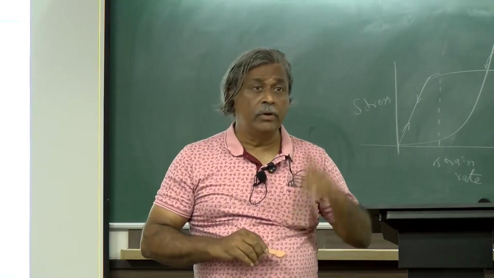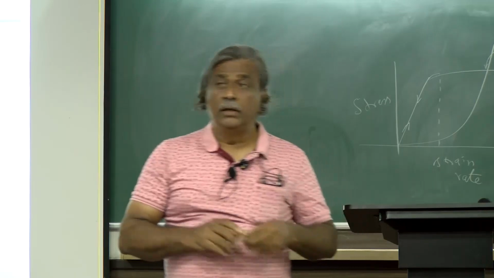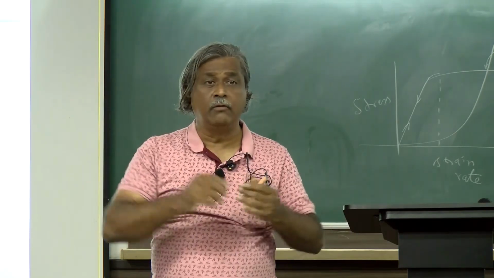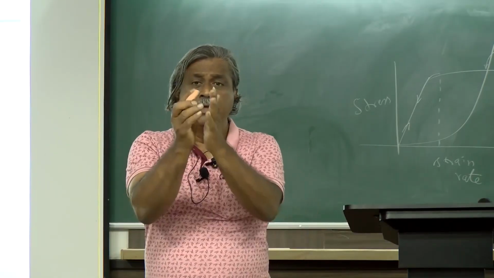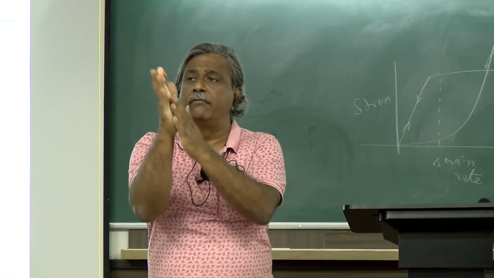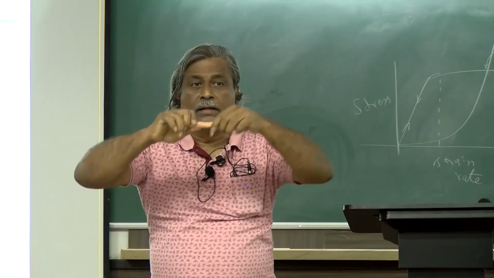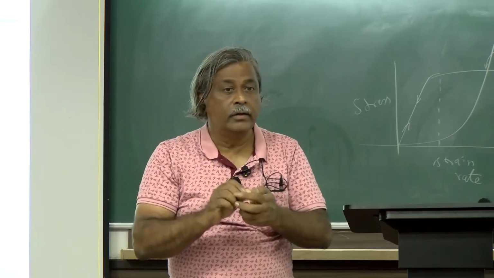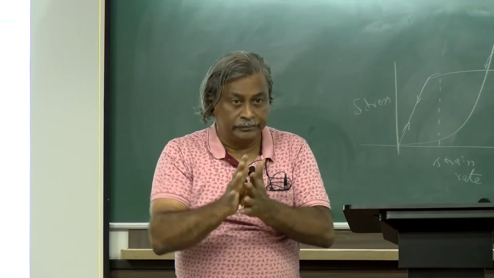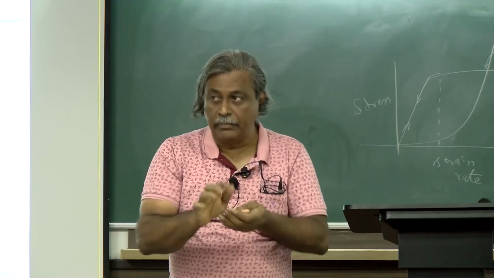Yeah. So I want you to visualize now this to be consisting of fibers, chains. All right. When chains are allowed to slide from one to the other, then it is ductile. I have a question. What determines the stress strain graph of any substance? You'll come to it.